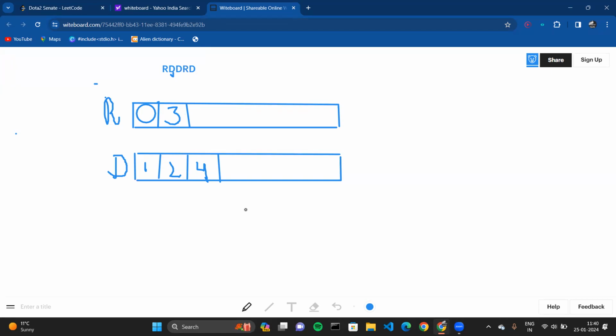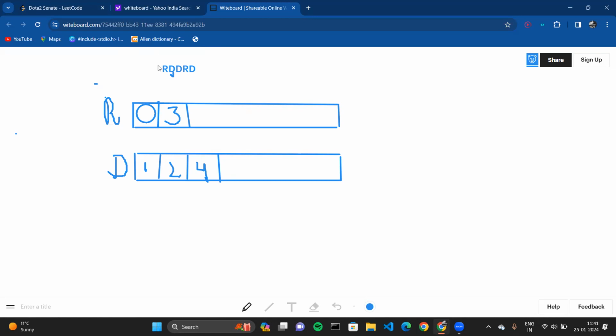We can solve this problem using two queues, namely R and D, and we can initially store indexes, as the earlier the index, the earlier will be the chance to cast a vote. So we can store indexes of R and D in these. According to this example, R is at 0 and 3 and D is at 1, 2 and 4.